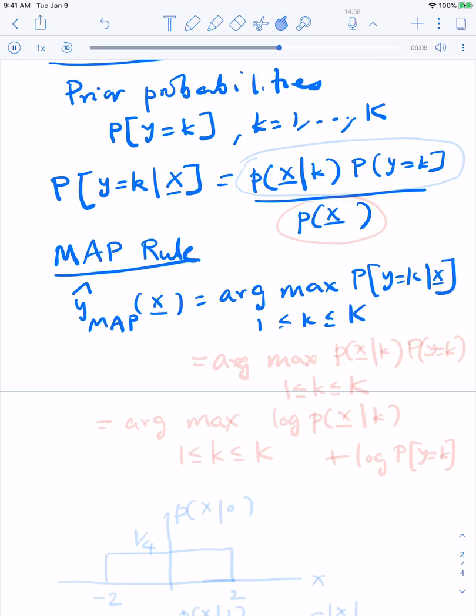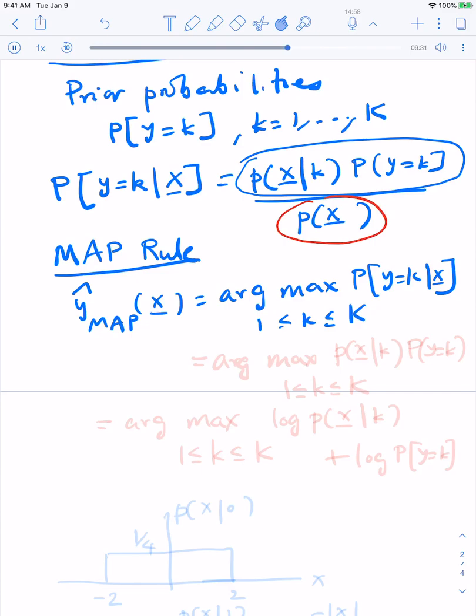So when we look at the posterior probability, we see that there is a part that depends on k, the variable we are maximizing over. That's this part. And there is this other part that does not depend on k at all. So when we are maximizing over k, we can drop the part that does not depend on k.